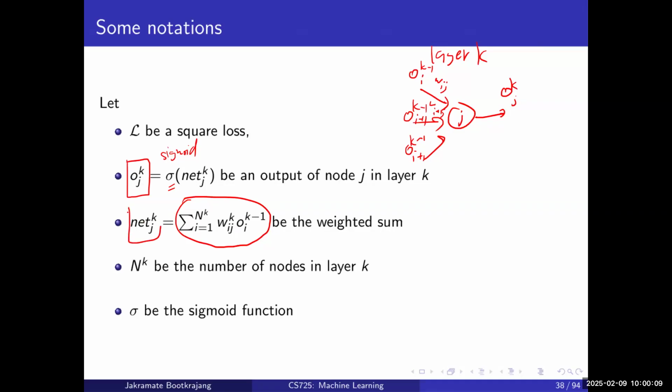I will call this net_jk. So net_jk is the weighted sum at node j in layer k. And if I use the sigmoid function on this net_jk, I will get the output. Here n superscript k is the number of nodes in layer k, and then we have this sigmoid function.